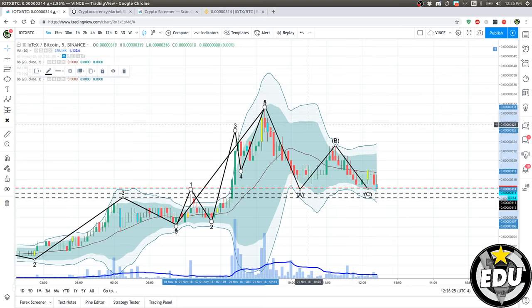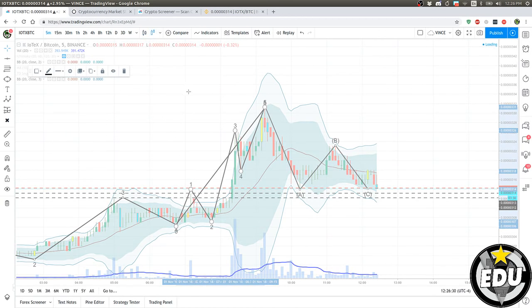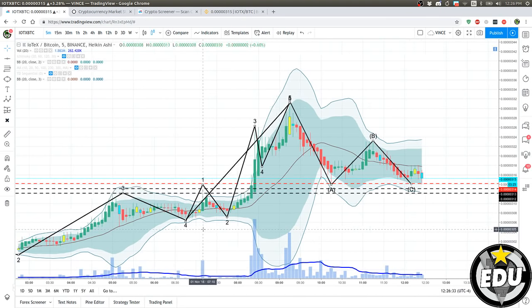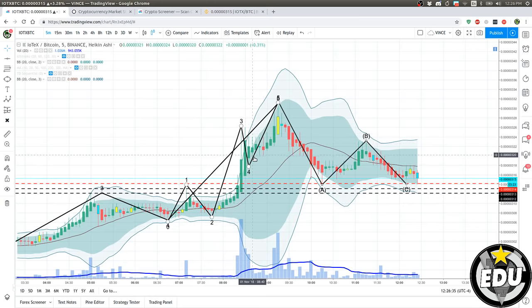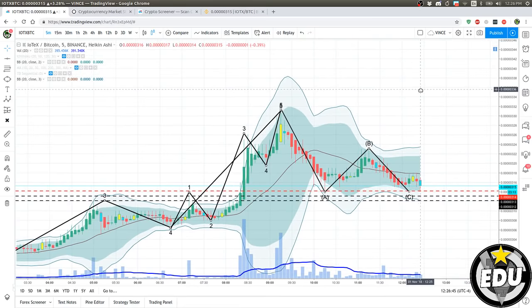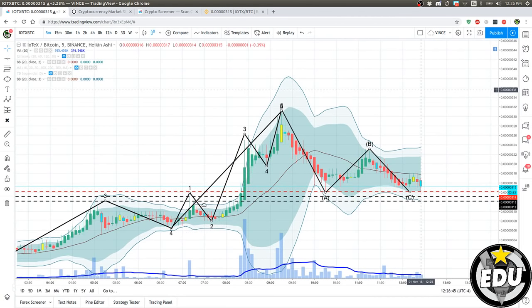And then there is ABC or whatever. Let's see if Ichimoku tells us a little bit more. I switch to Ichimoku just because I can see the waves a little bit better sometimes. It can be this, can be that. Anyways, we have 1, 2, 3, 4, 5. So it's pretty cool to see that sometimes, and that reinforces your idea of Elliott wave. That's why it was a good sell here.